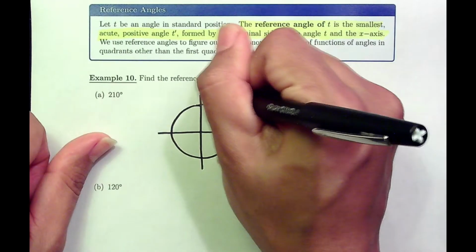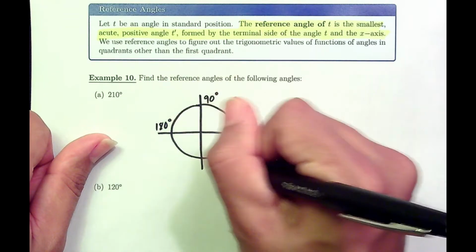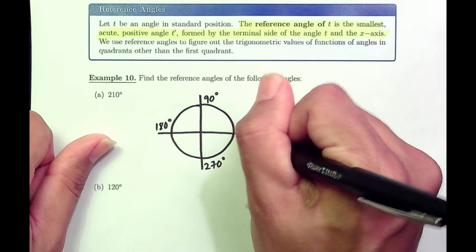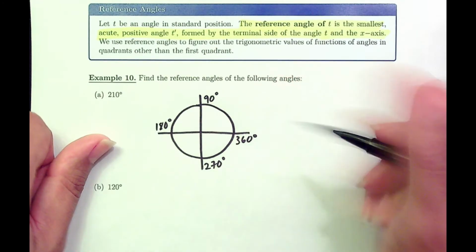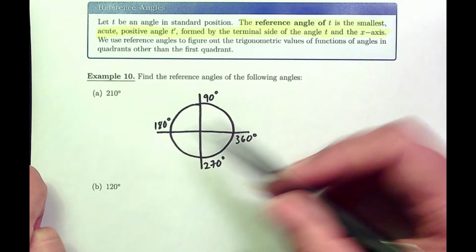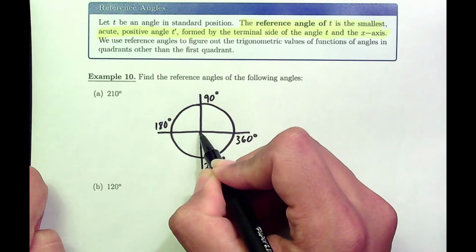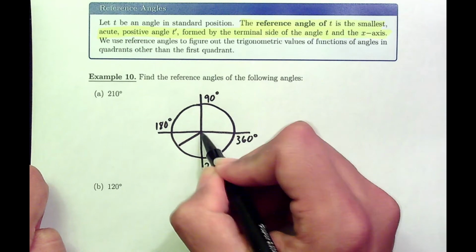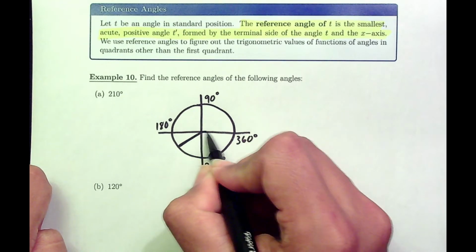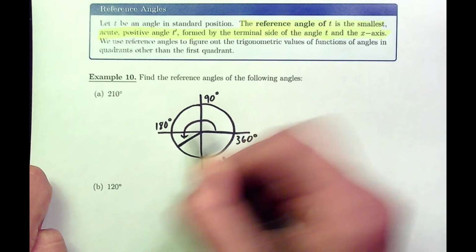Remember that this is 90 degrees, this is 180 degrees, this is 270 degrees, and this one is either 0 degrees or 360. All right, 210 is bigger than 180 and smaller than 270. So that angle, 210, is somewhere in the third quadrant. So if I draw the angle, that's my terminal side, that over there, that's 210.